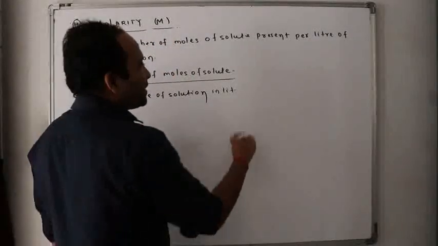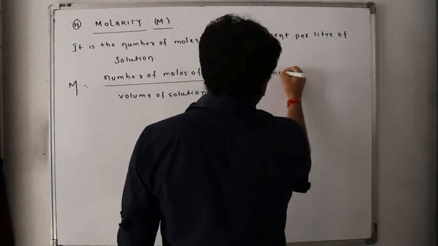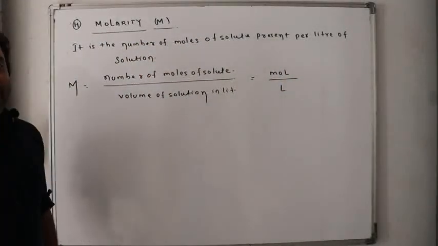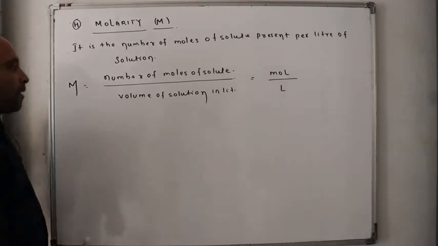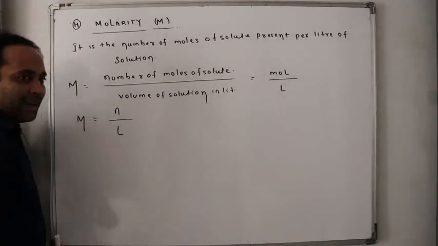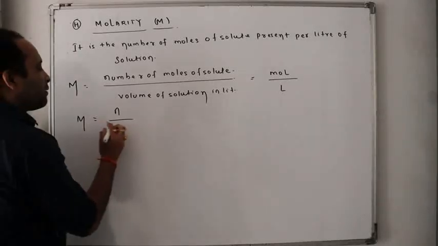Clear? Or I can say this is moles per liter, isn't it? So I can write molarity is equal to number of moles per volume also.